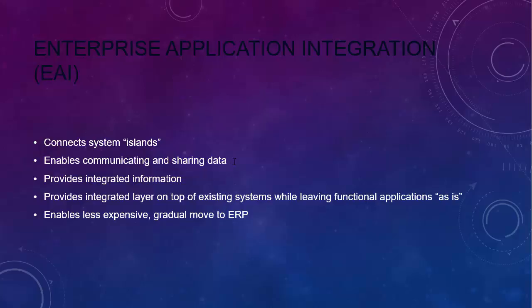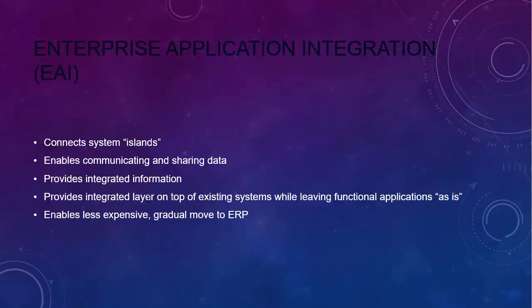That is, you have systems that weren't designed to share information. The column name of one application is different than a column name in another application, yet the data is the same. You have to have some way of telling each system how they're the same, and you can share the information. So it provides integrated information, and so it's something that connects two systems.